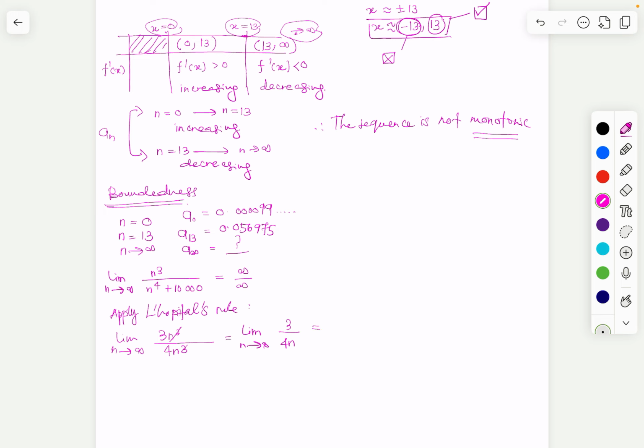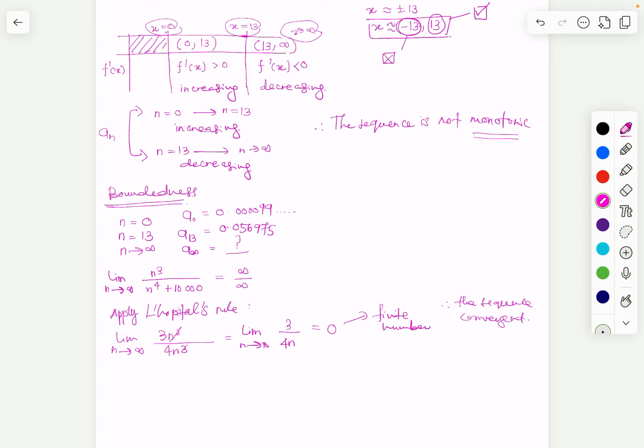If you plug in n as infinity here, you get 3 divided by infinity, which is 0. So 0 is a finite number, and you can also conclude that the sequence is convergent because the limit is a finite number.